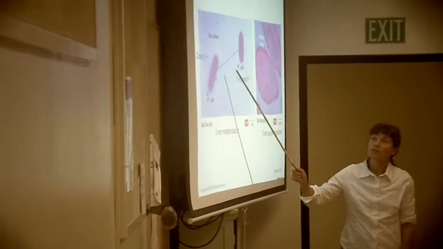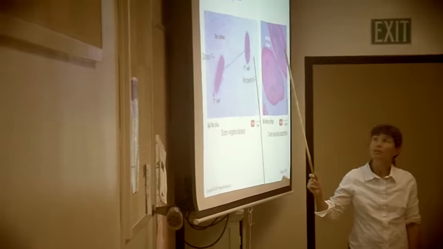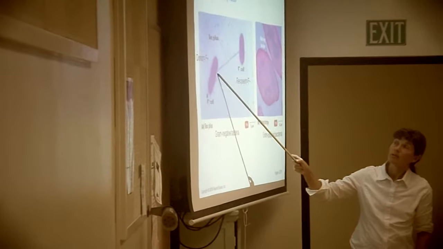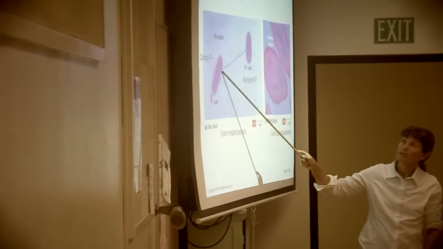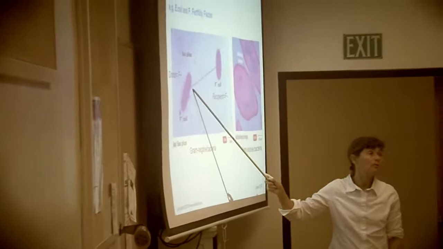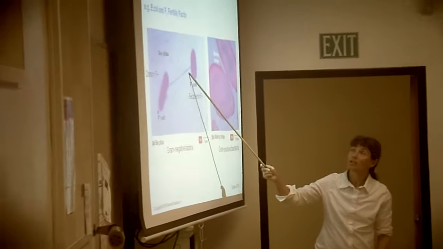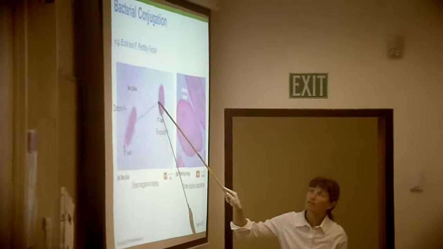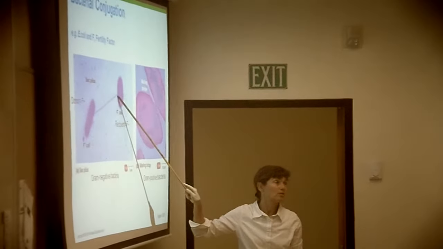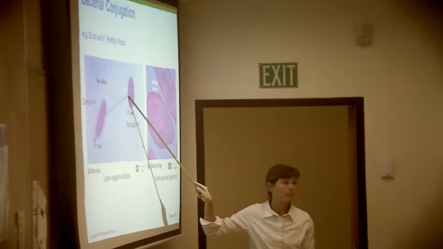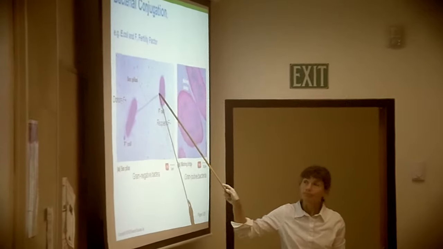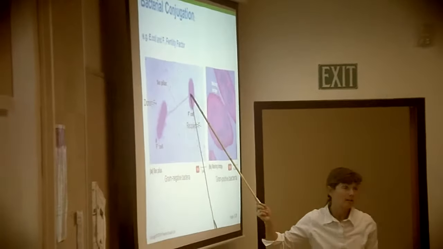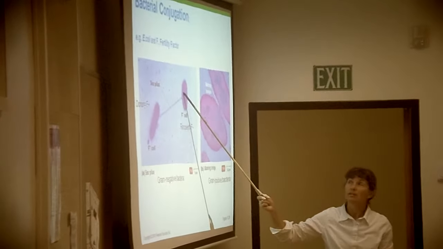So when a donor detects that a recipient is in the neighborhood, the donor starts to synthesize the little protein subunits that are assembled into a hollow tube, and the hollow tube is the sex pilus or conjugation pilus or F pilus. The recipient, in the meantime, has synthesized unique proteins on the surface that will act as a receptor for the tip of the pilus. The whole purpose here is that the donor wants to make physical contact with the recipient by using the sex pilus.